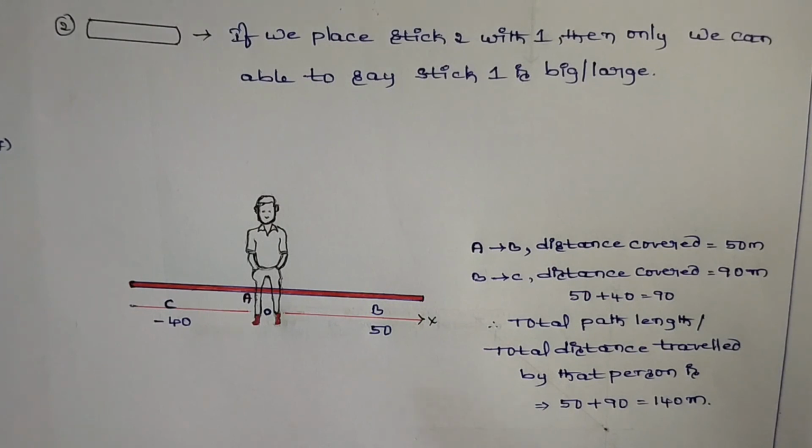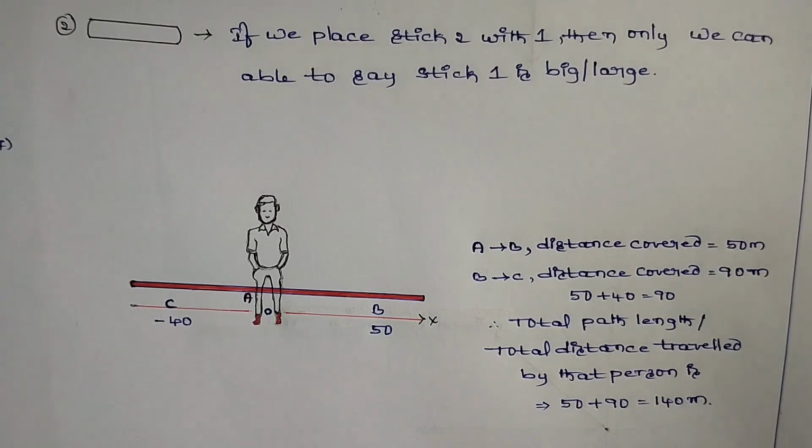Path length is defined as the actual distance traveled by an object during its motion in a given interval of time. And this path length is also a scalar quantity.